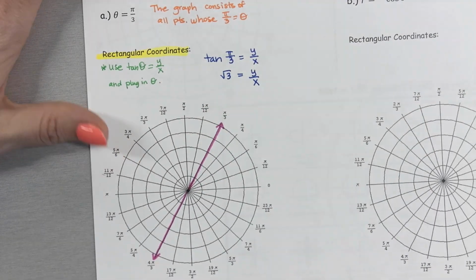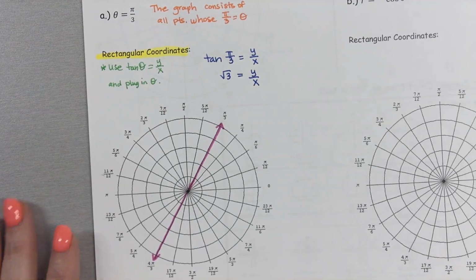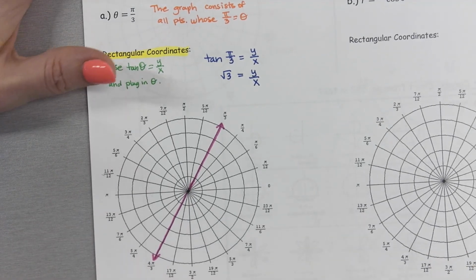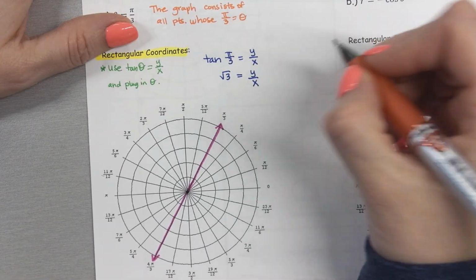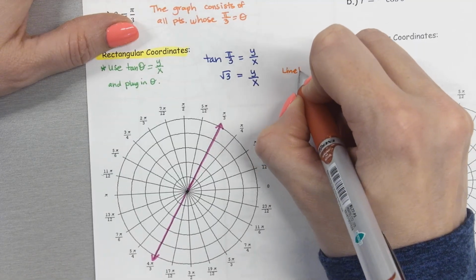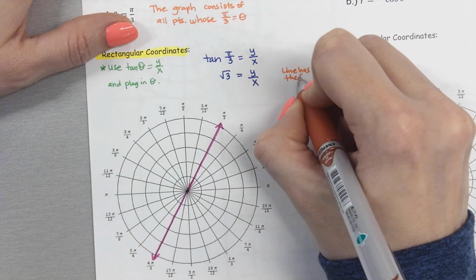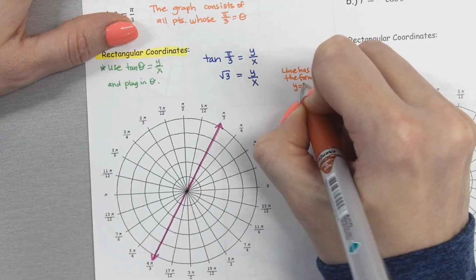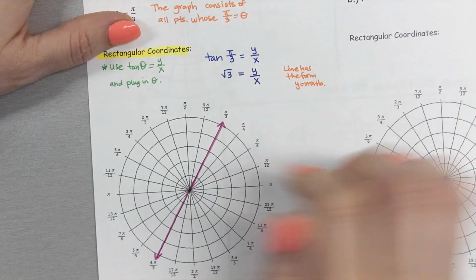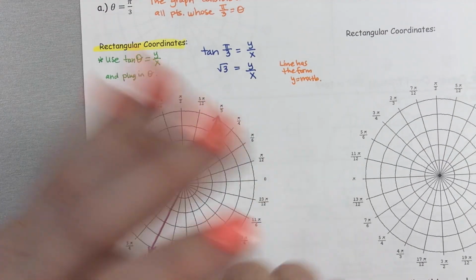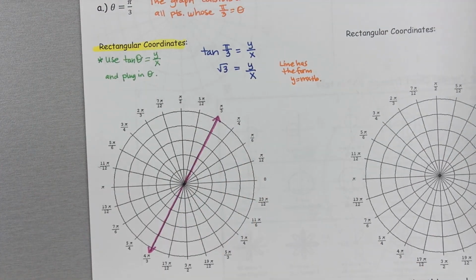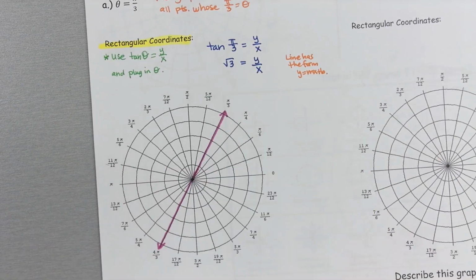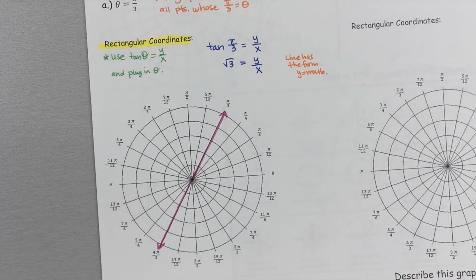Okay, now we just talked about how we want that in the form y equals mx plus b. Okay, so a line has the form y equals mx plus b. So to get there, what would I have to do here? If I want the form y equals mx plus b, I have to get y by itself. So what am I going to do?